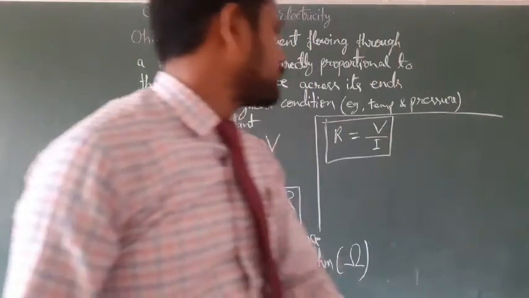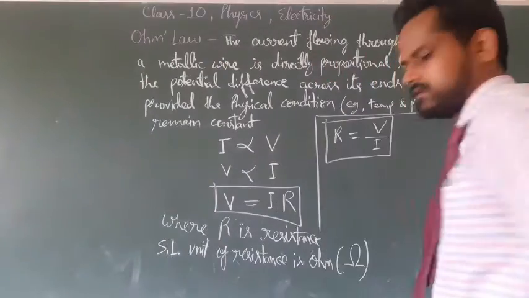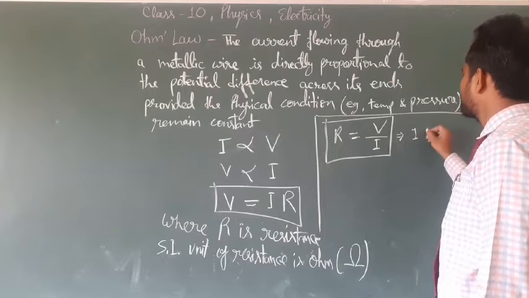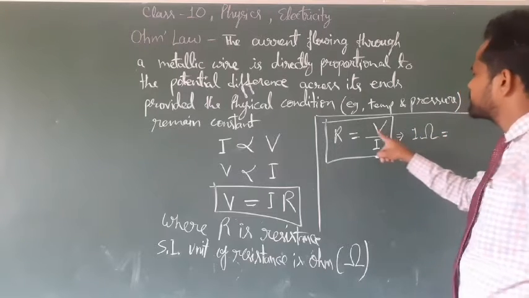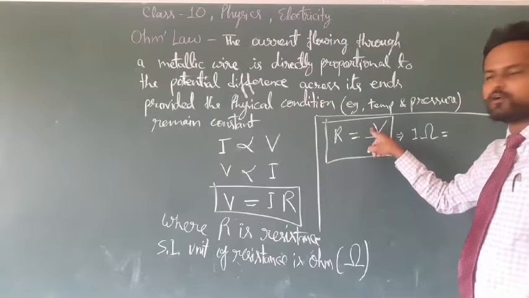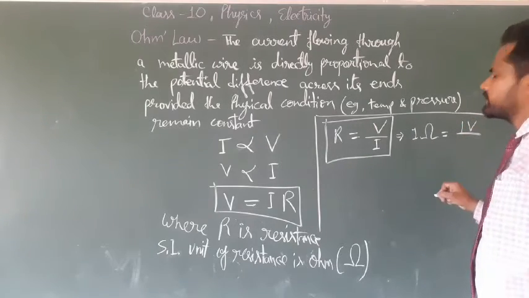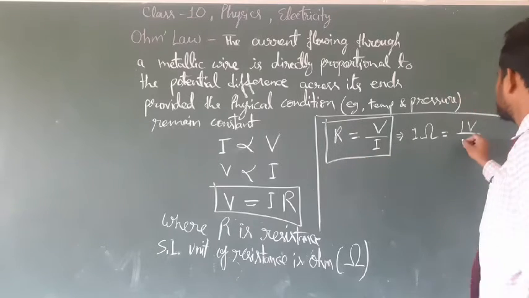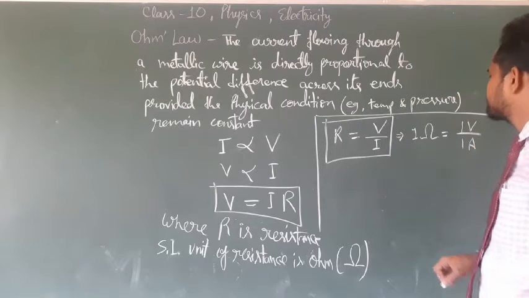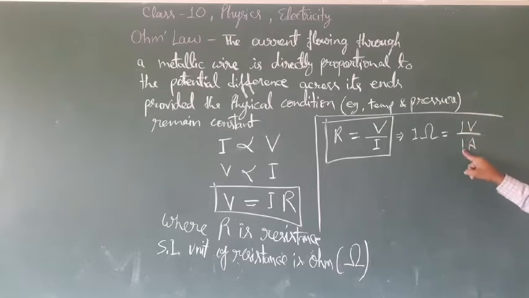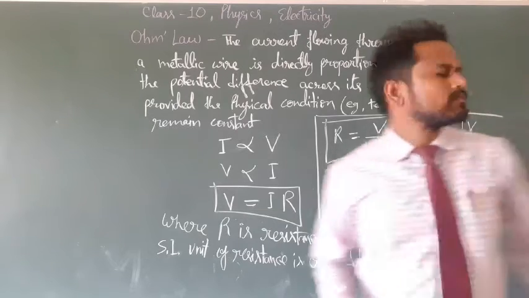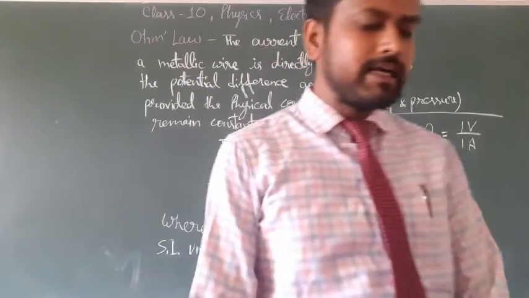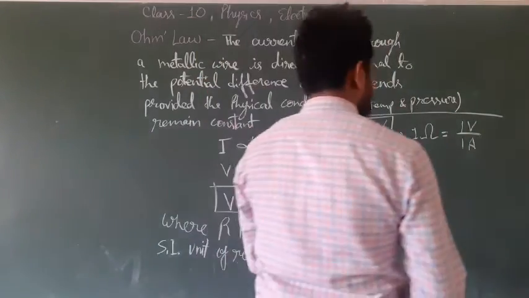So what is 1 ohm? If potential difference is 1 volt across its ends and current flowing through a conductor is 1 ampere, then 1 by 1 you get 1. So this is 1 ohm, and you can define 1 ohm in statement form.